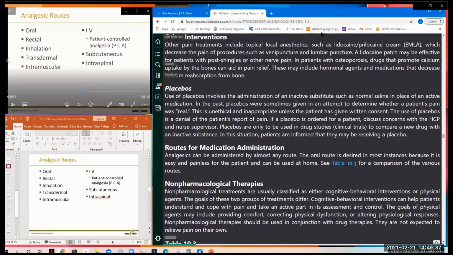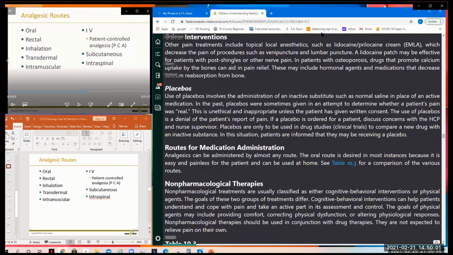Okay, this is the bottom of page 129. Other interventions. Other pain treatments include topical local anesthetics, such as lidocaine/prilocaine cream, EMLA, which decrease the pain of procedures such as venipuncture and lumbar puncture.